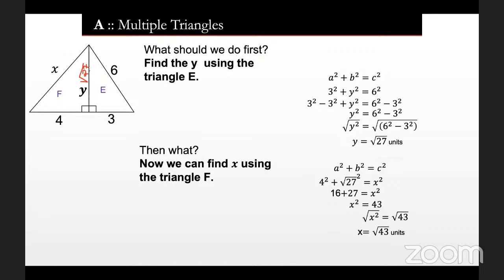So the square root of 43 would be somewhere between the square root of 36 and the square root of 49, which would be 6 and 7 respectively, once you get rid of the square root by squaring. So that's one of the things you should look at too. Perfect squares.